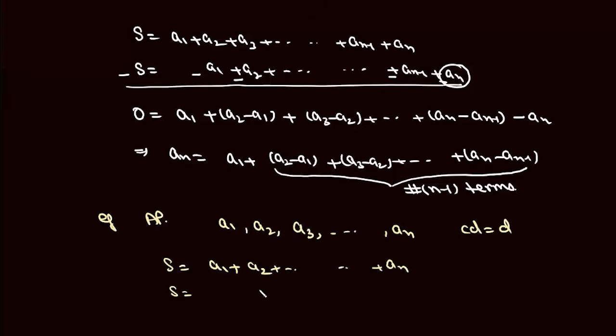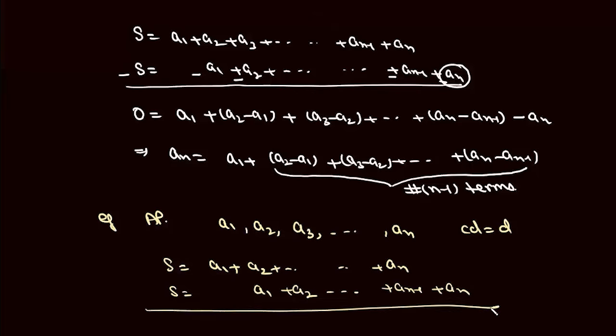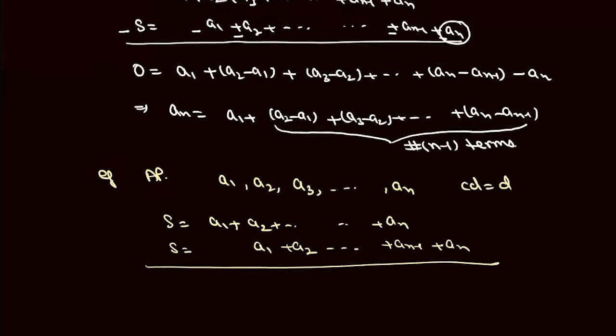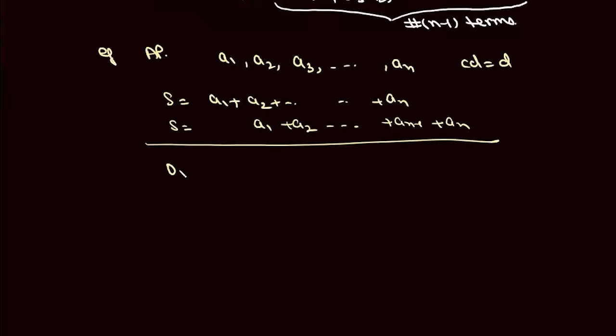We can again write this sum as A1 plus A2, up to AN minus 1 plus AN. Now if we subtract them, we can write 0. It will be A1 plus, now this is A2 minus A1, this is A3 minus A2, and this is AN minus 1, and this is minus AN.